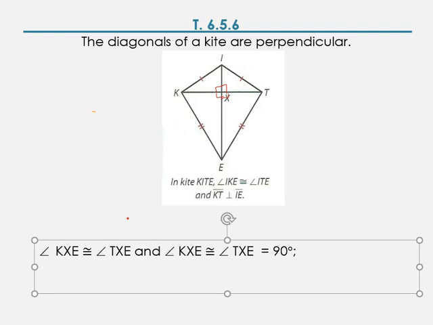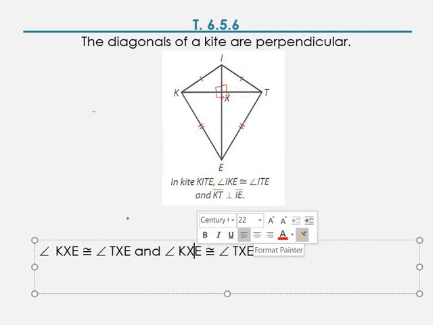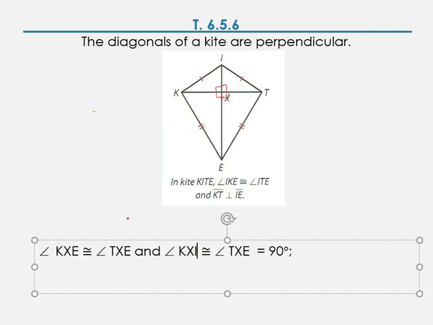Theorem 6.5.6. The diagonals of a kite are perpendicular. So diagonal IE and diagonal KT meet and form four 90-degree angles. So we've got angle KXE, angle TXE, angle KXI, sorry, this should say KXI on here, and angle TXI, all equal 90 degrees.